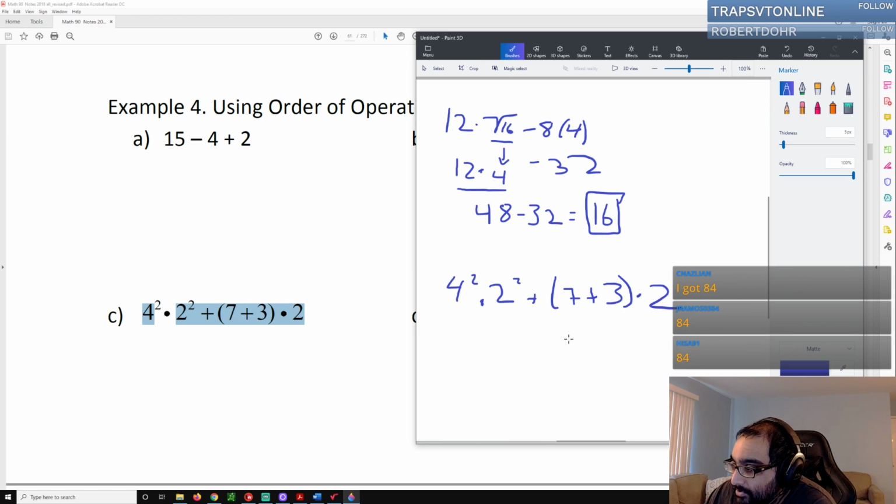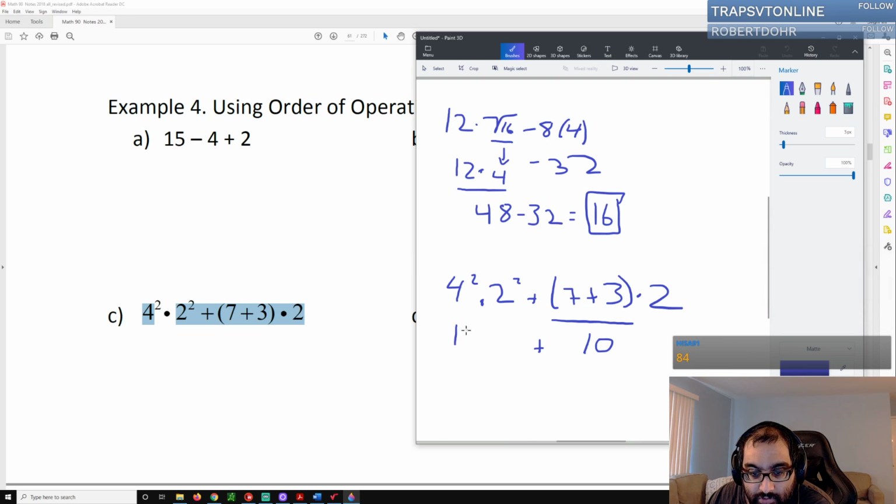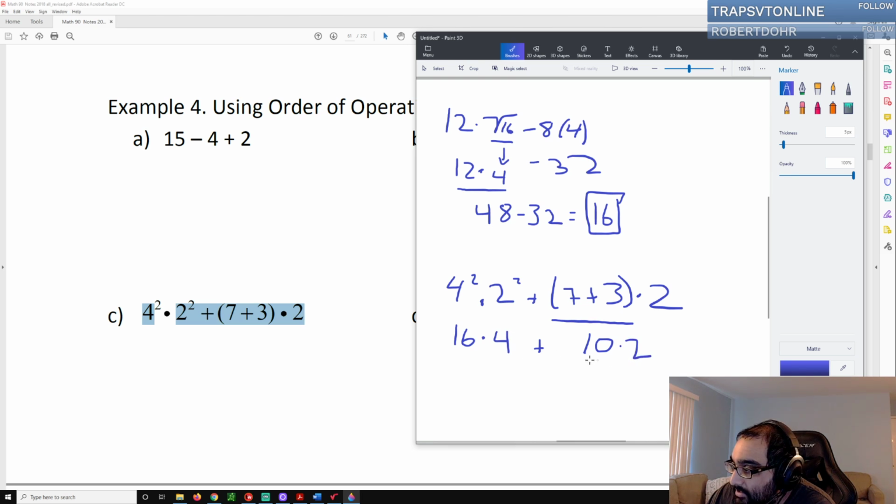So we're going to do the parentheses first. Parentheses here, this is 10. And we'll also do these exponents here. 4 squared is 16 and 2 squared is 4. Next, we'll do 16 times 4, which is 64, and 10 times 2, which is 20.